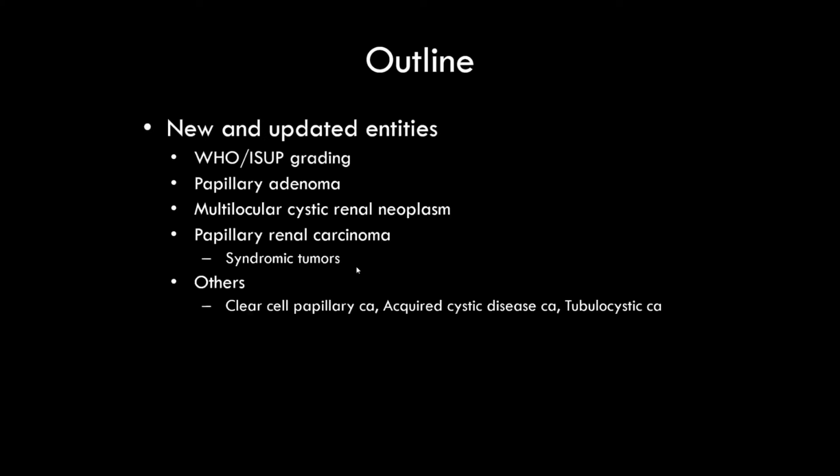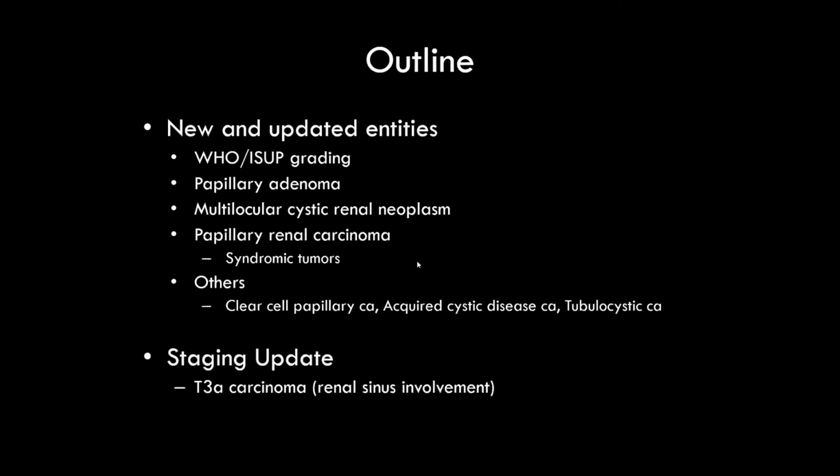And then there are several other new or updated entities that have come up, and we'll look at some of these in detail. And then finally, there is a minor staging update like we had in prostate carcinoma, but it's a little more complicated than prostate. So I will go briefly into this as well.